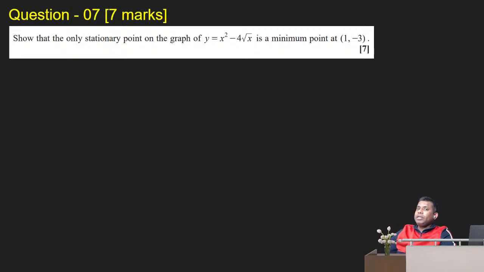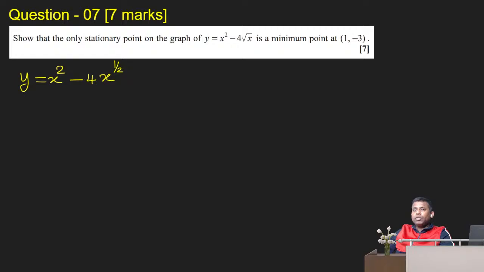So stationary point, and you have the equation of the curve. So y equals x squared minus 4 x to the power half. For my benefit, I am writing this as x to the power half. Why is that? I am about to do a differentiation, right?